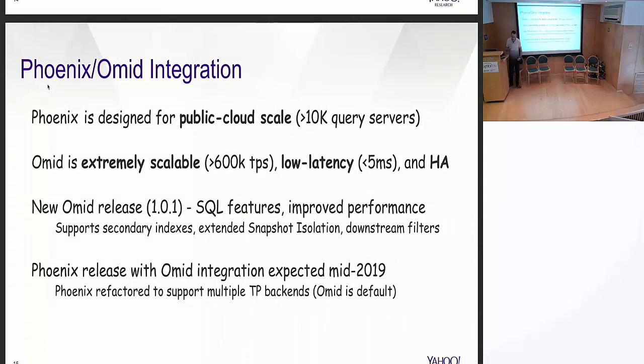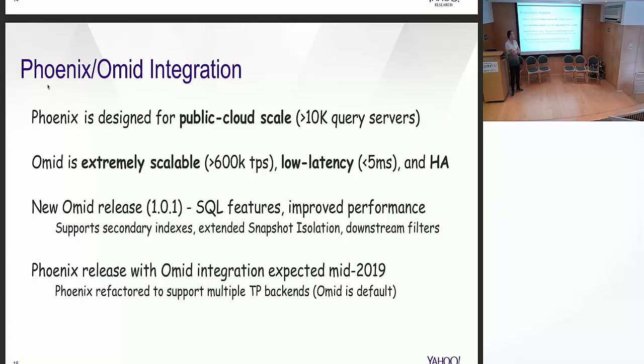A recent project that we are actually very proud of is that we have just finished the integration of Omid as the transaction processing backend in Phoenix. This system is publicly available. It's designed to work at the public cloud scale, like running on clusters of more than 10,000 machines.